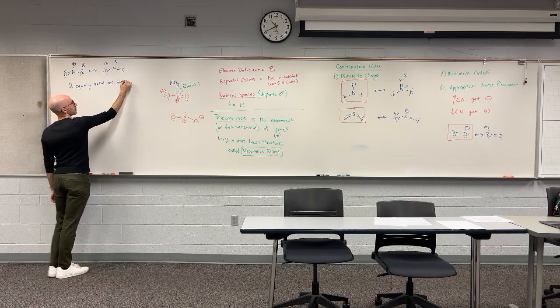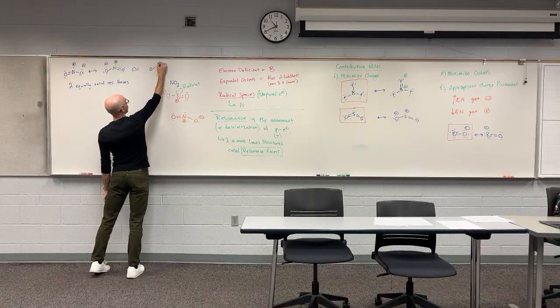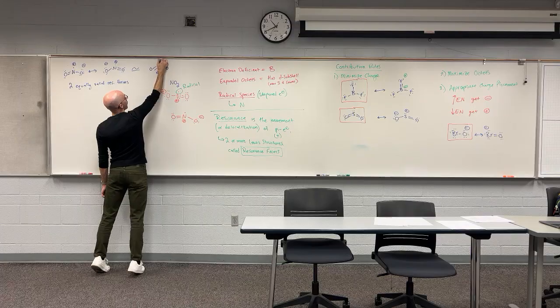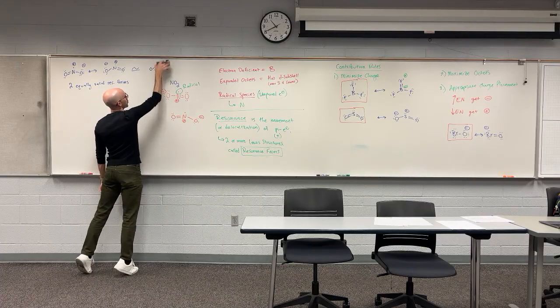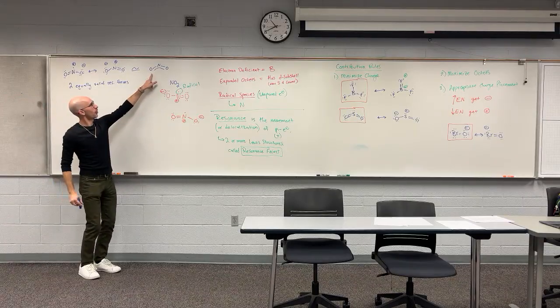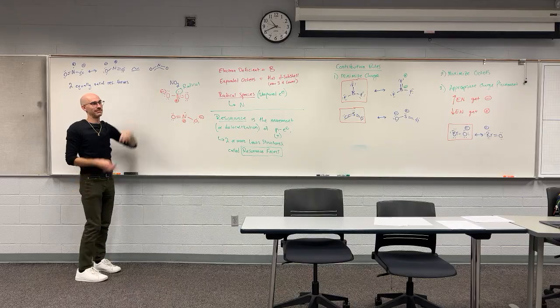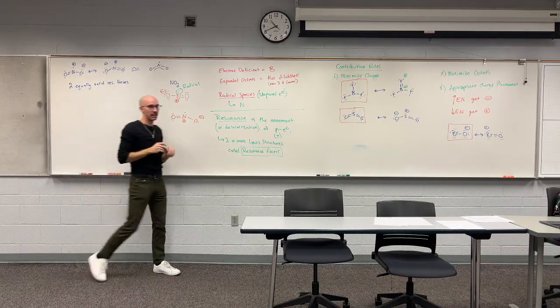resonance forms. And then remember that we can actually approximate this structure using this curved double bond. We can put the radical species on the nitrogen.